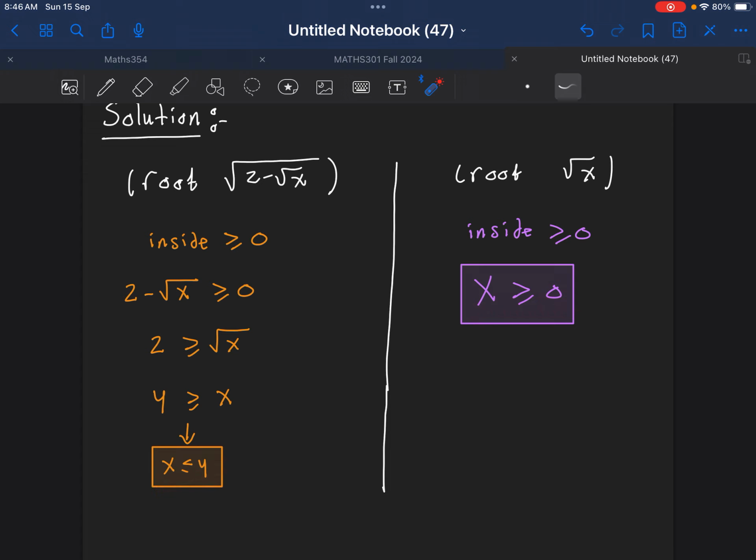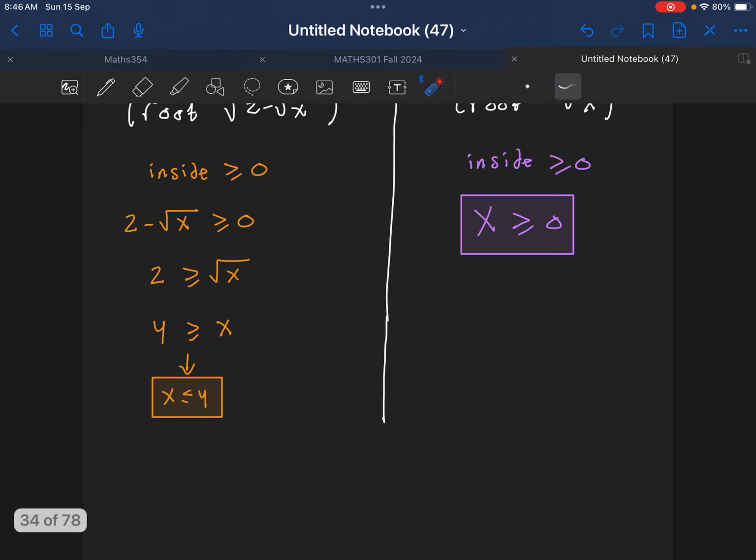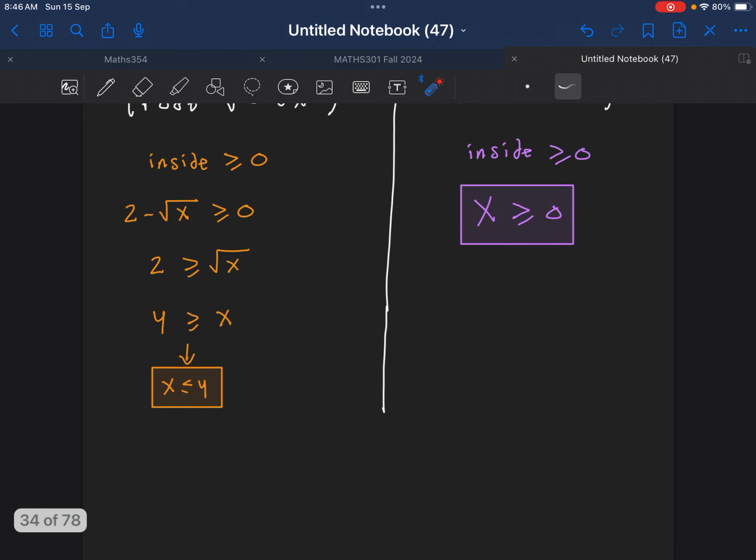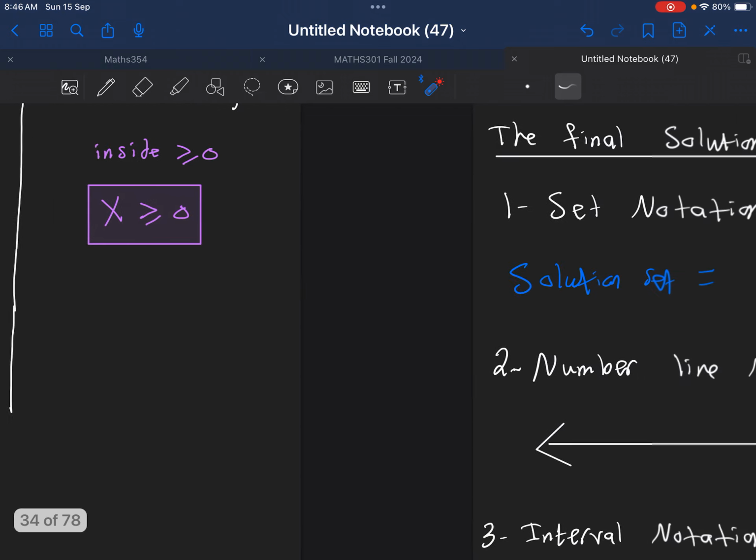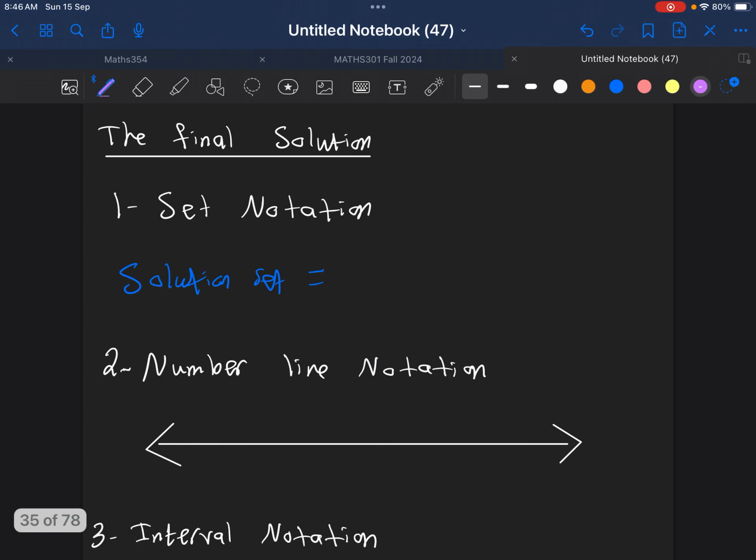Now, let me go ahead and do them on the number line and see exactly where they will be shared. So in this case, I have x such that x is less than or equal to 4, and from the purple side, x is greater than or equal to 0.